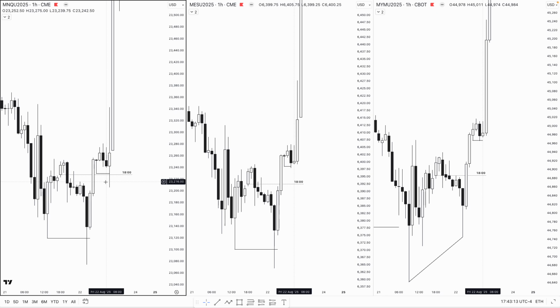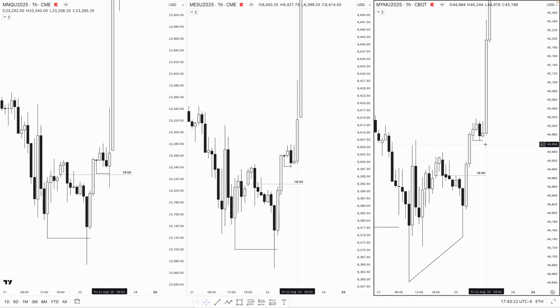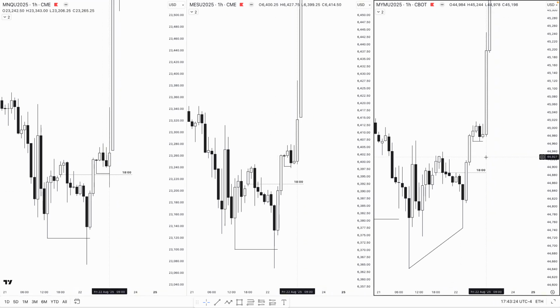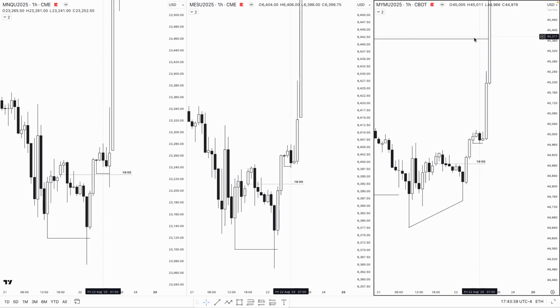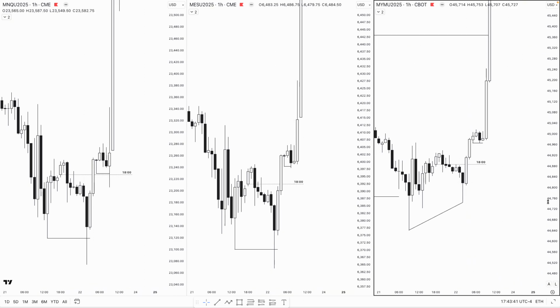And so if we apply what I said in the previous example, we can assume that we're going to be looking for a change in the state of delivery on the next 1 hour candle. And so we'll be using the time frame alignment of 1 hour to 5 minutes. So we'll be looking for a 5-minute change in the state of delivery on one of the assets to trade higher. And on YM we already know where we're likely to trade to.